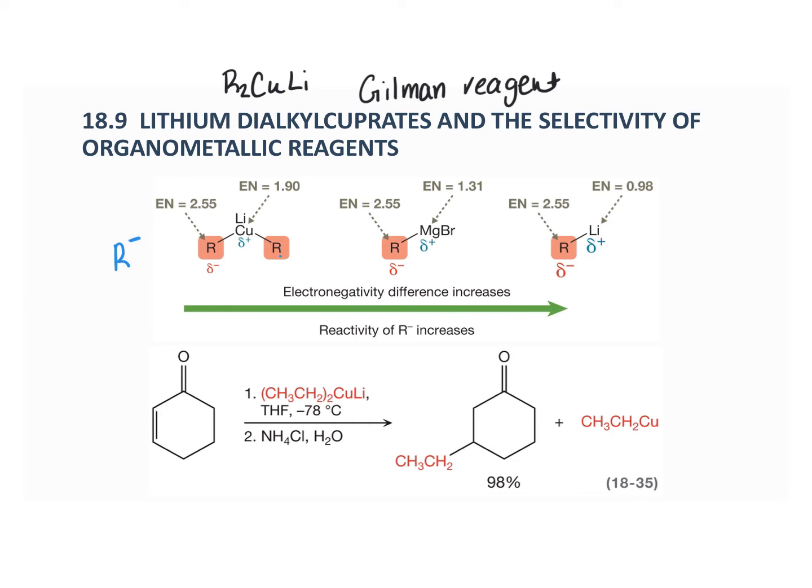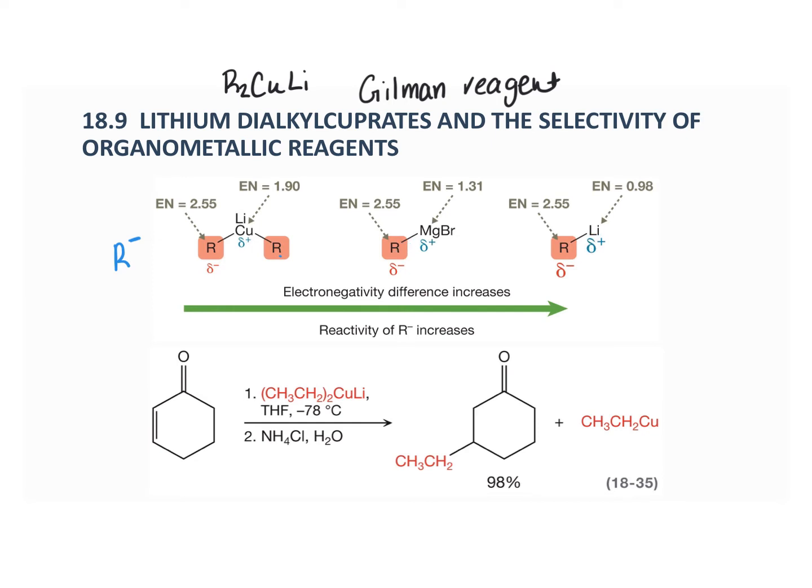Now, lithium dialkyl cuprates are less reactive than the alkyl lithium or the Grignard reagents. And this is mostly because the copper-carbon bond here is a lot less polar than the one that we would see in the Grignard reagent or the alkyl lithium reagent.